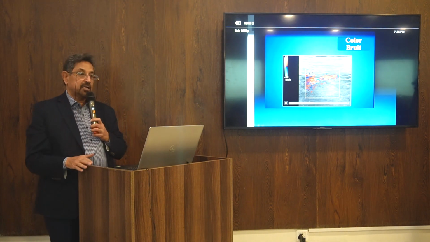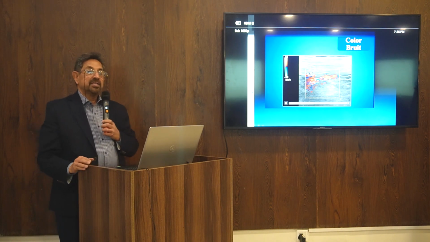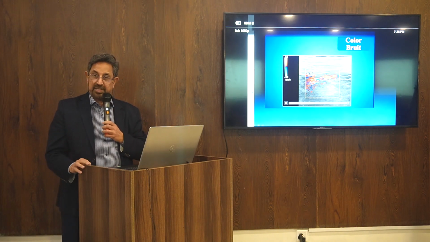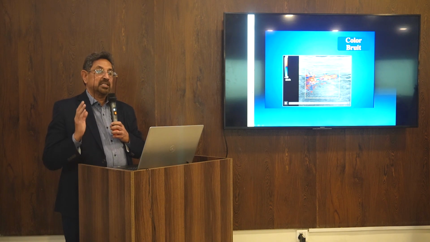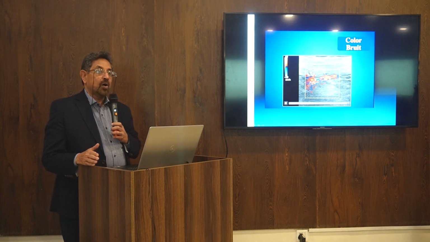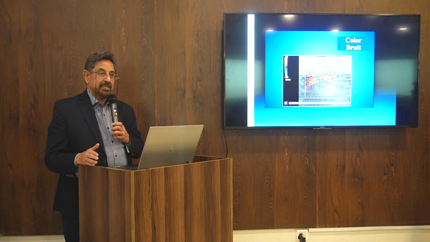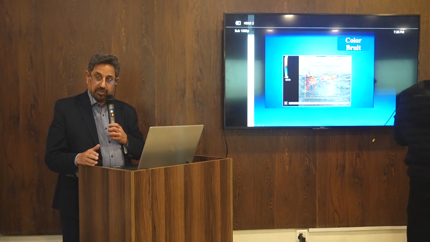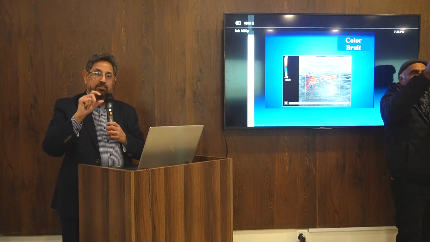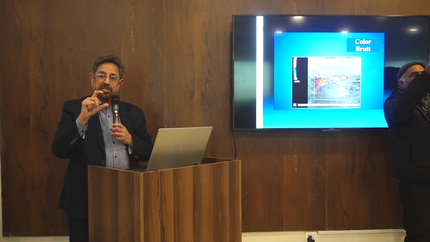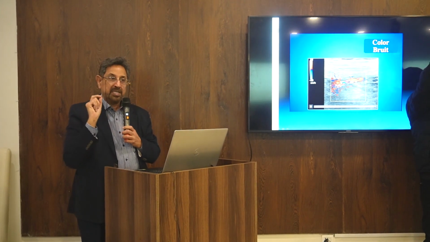The moment I see color bruit, I will immediately know there's very severe stenosis. Before putting the spectrum on, I already make my diagnosis that there are very high velocities. So I will set my pulse repetition frequency before turning on the spectrum.